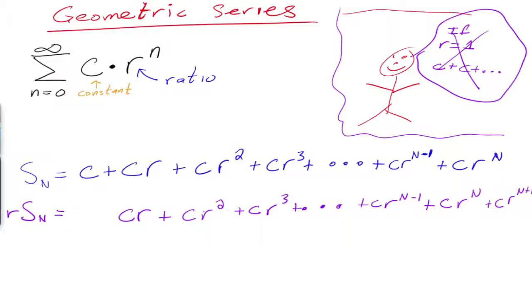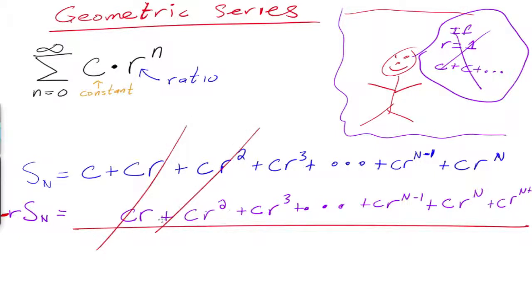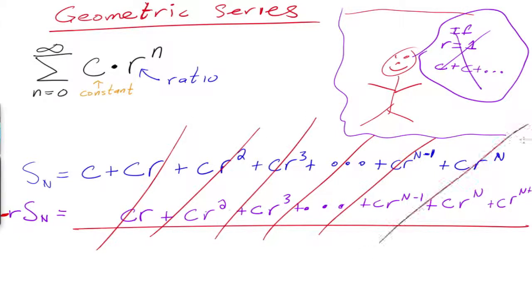Remember, we are going to subtract the two. So check this out. We subtract them. Bam. What do I get when I subtract them? Bam, bam, bam, bam. What do I get on the right side? What am I left with? Look at all that.